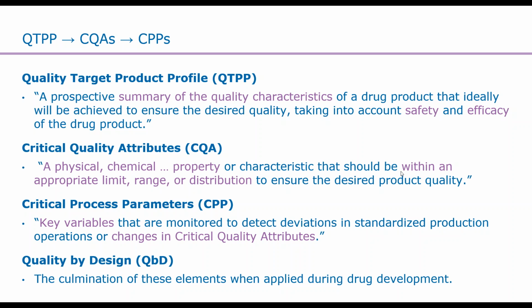A critical process parameter, this is a key variable that is monitored to detect deviations in standardized production operations or changes in critical quality attributes. So really, these are just the variables and the parameters which will ensure that you meet your CQAs. So overall, quality by design is the application of this framework from the beginning of drug development, wherein decisions are made with these elements in mind. So let's go through some examples.